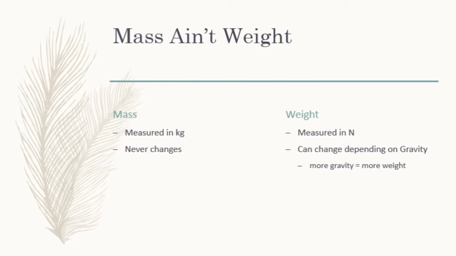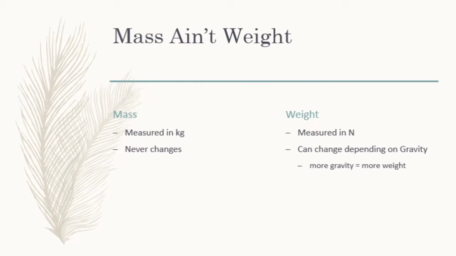Mass ain't weight. Mass is measured in kilograms. Weight is measured in newtons. Mass never changes, no matter what planet you're on, where you are. If you have the same amount of stuff, same amount of atoms, then you always have the same mass. I know we're used to saying that something weighs 50 kilograms, but especially in this physics class, we try to say that something has a mass of 50 kilograms.